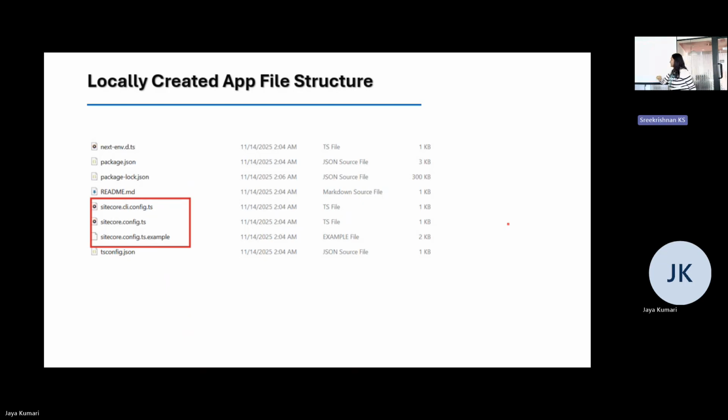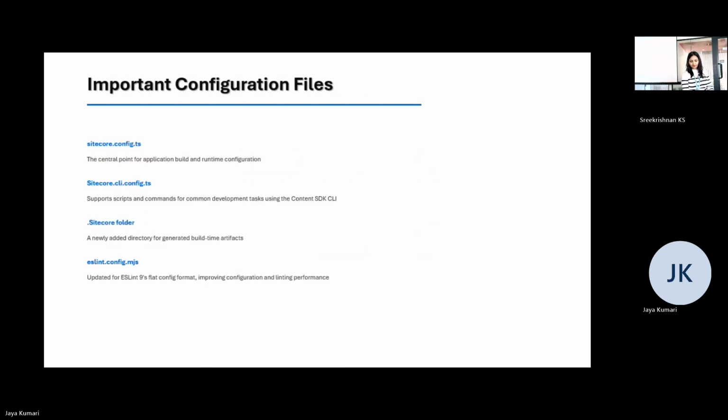In the subsequent slide, these config files are also very important. Now we have a central configuration of CLI commands, that is sitecore.cli.config, and sitecore.config.ts has all the configuration. These are the files I explained, like sitecore.config and the CLI folder. And one thing is eslint.config.